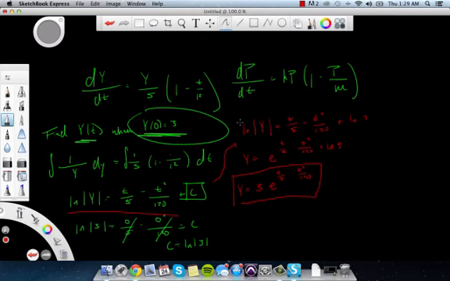Again, we used our differential equation with our initial condition. We separated our variables, integrated, solved for c using our initial condition, and then rewrote the equation in terms of t, and that should get us all 5 points there.